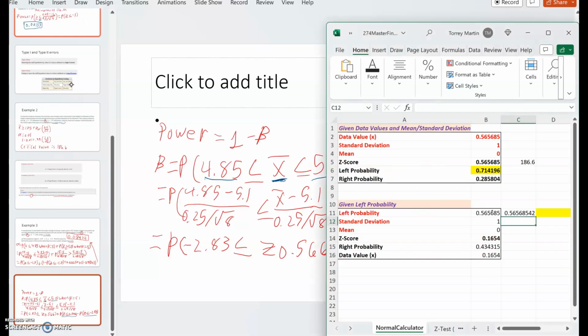So these probabilities, in this case, are going to be 0.714196.